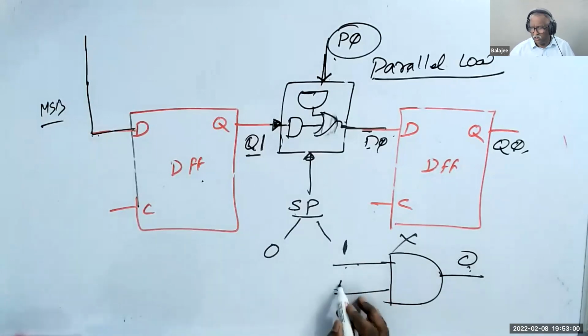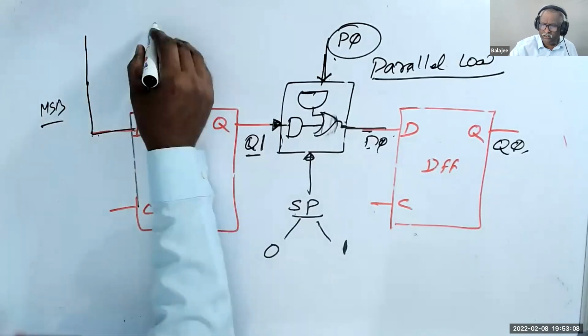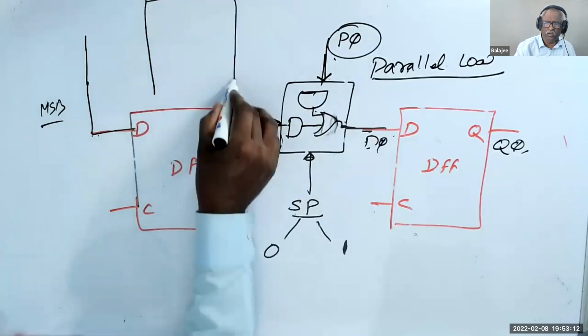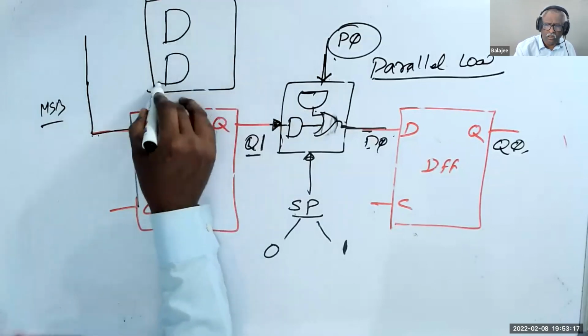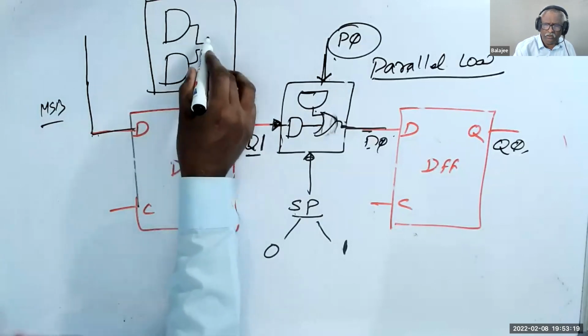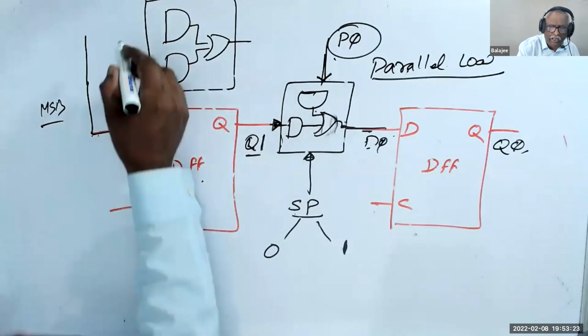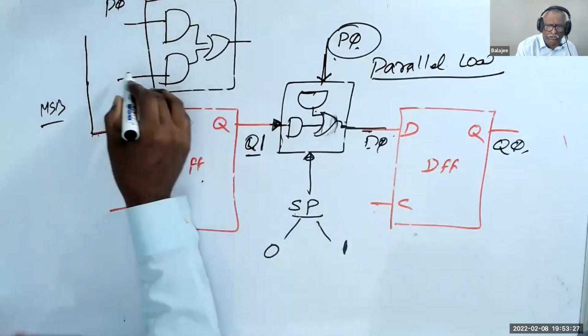If you make it 1, the input goes to the output. Now, if you draw this logic, we have two AND gates and an OR gate. Now I have an input called P0 and an input called Q0.